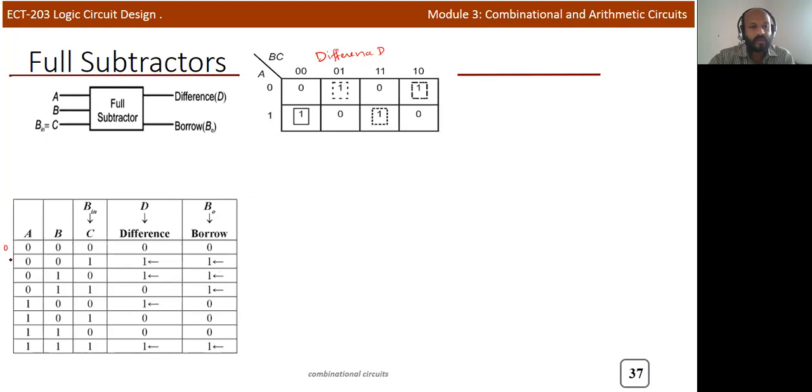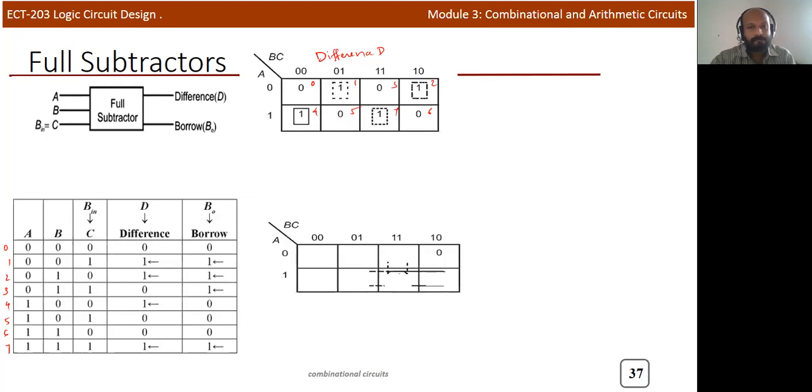You can consider 0 1 2 3 4 5 6 and 7. If you consider this particular K map, it's diagonally connected. Diagonally, if there is a 1, we know that it's an XOR operation.